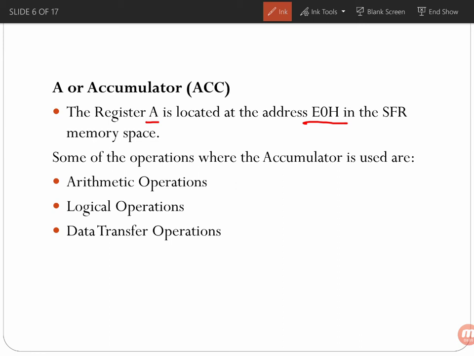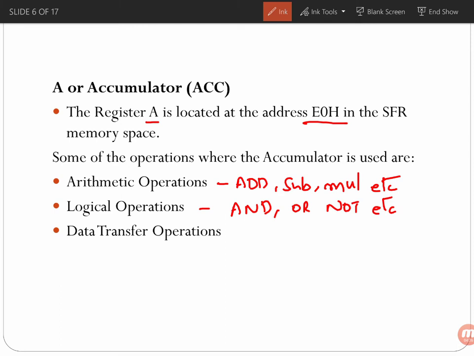Some of the operations may be arithmetic operations like add, subtract, multiplication, etc., and logical operations like AND, OR, NOT, etc., and data transfer operations, which may be between the 8051 and the external memory.